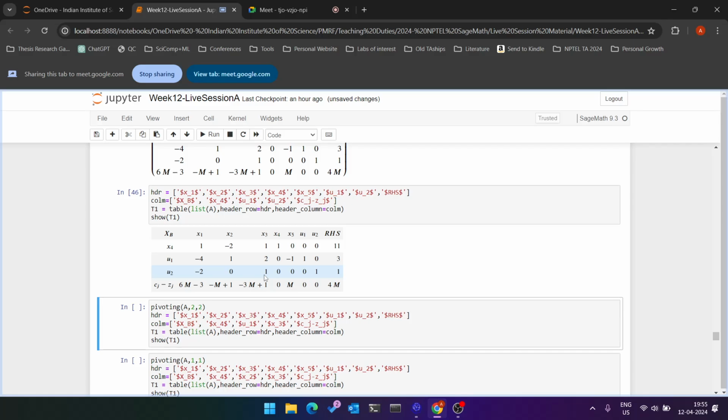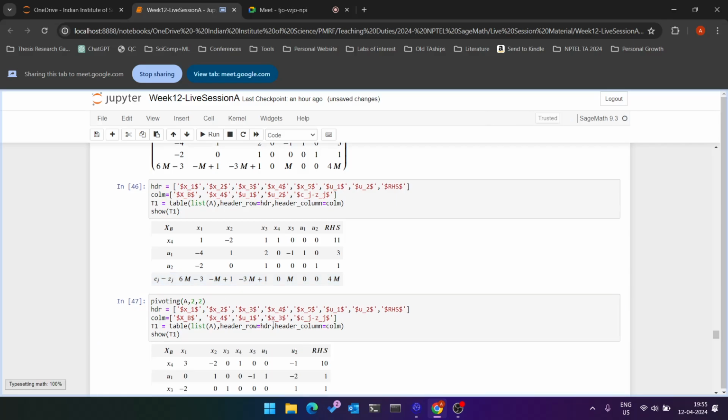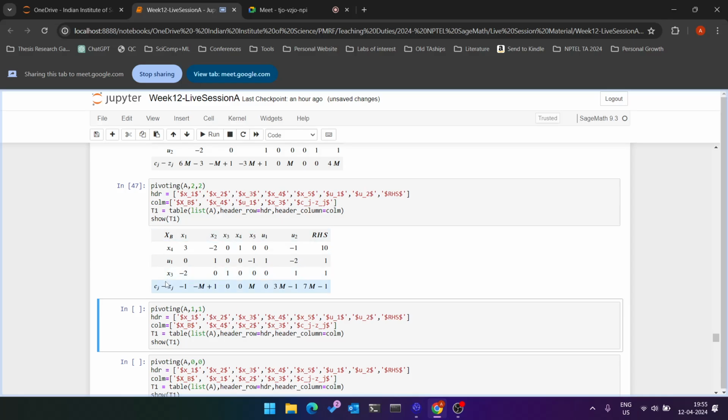So we exit at the ratio of the RHS by whatever positive entries we have, wherever it is minimum. That is u2 in this case. Enter through x3, exit through u2. So we'll be basically pivoting on 2 comma 2, and u2 will be replaced with x3. So this creates my new table.